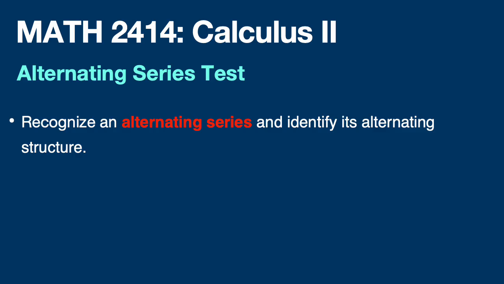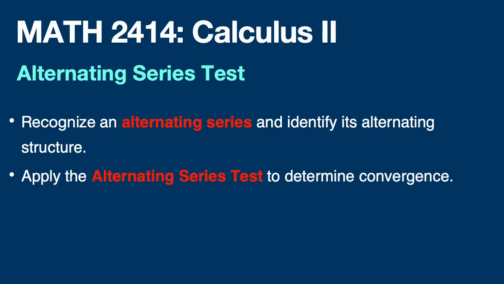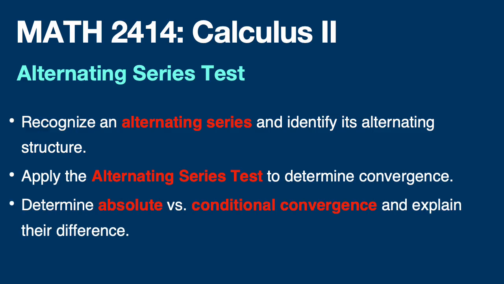That's what we call an alternating series. If we identify the alternating structure, we apply the alternating series test to decide if it is convergent or divergent. After that, we determine absolute or conditional convergence and explain their difference.